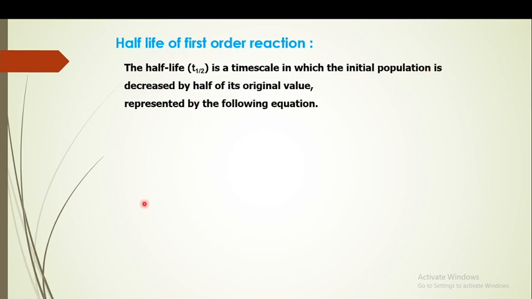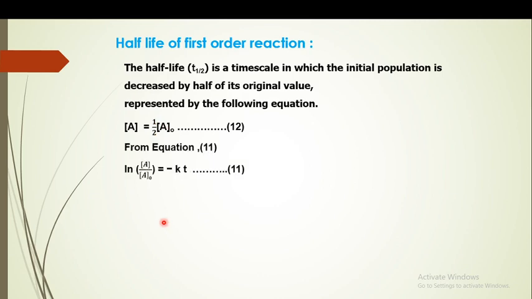So half-life means the initial concentration is decreased to half. The initial concentration is A0, so the concentration of A becomes 1 upon 2 of A0.